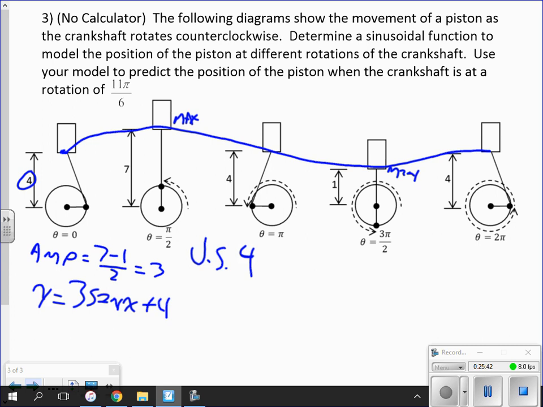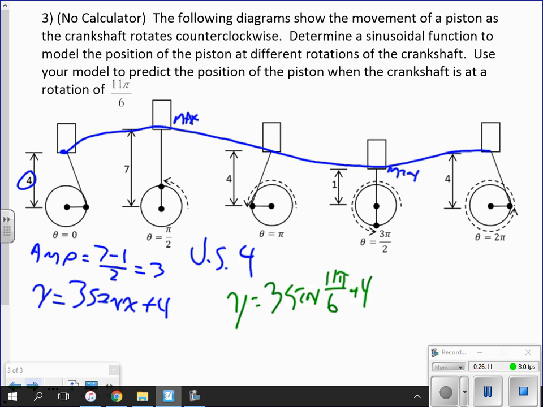Now, is this the end of my question? No, where is it at 11 pi over 6? That means I take y equals 3 times the sine of 11 pi over 6 plus 4. 11 pi over 6 is negative 1/2.